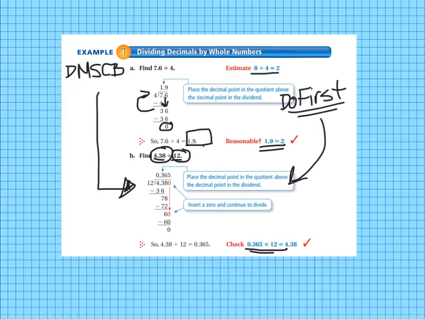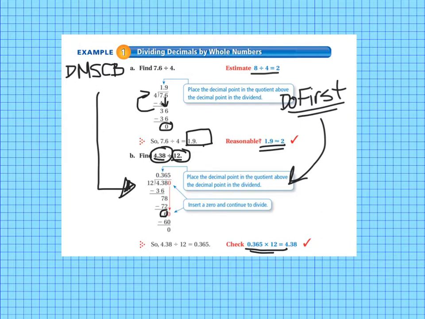At the end, you need to be sure you add this 0 because you have a 6 here. You have 78 minus 72 equals 6. And you add a 0 there because you can't put remainder 6 in a decimal problem.